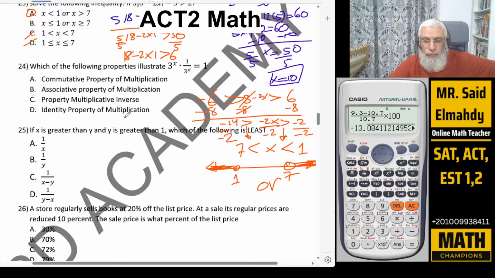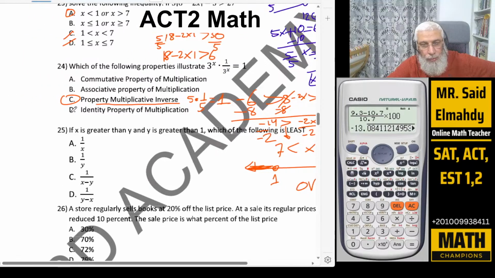Number 24, which of the following properties illustrates this? This is inverse, a number multiplied by its inverse, multiplicative inverse. If you multiply a number, let's say 5 times 1 over 5, this is equal to 1. So the property is multiplicative inverse. Commutative property of multiplication means, for example, 5 times 6 is equal to 6 times 5.